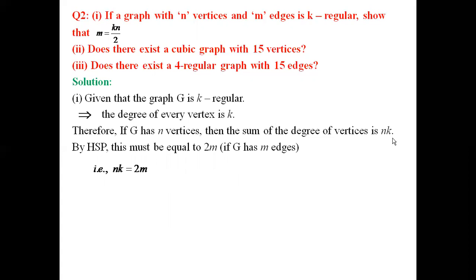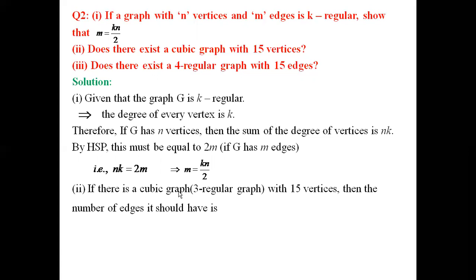Simplifying this, we obtain m equal to kn divided by 2, which is the required answer of the first subpart of the question. Using the concept of handshaking property, we have proved this result.